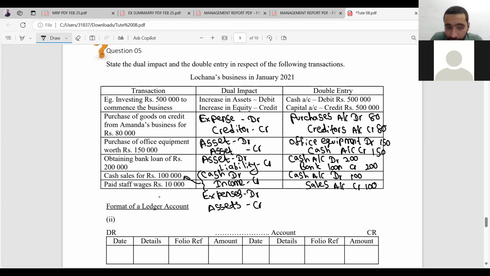So what we have to do? Wages account debit 10,000, and then cash account credit 10,000, right? Okay, so let's move forward.